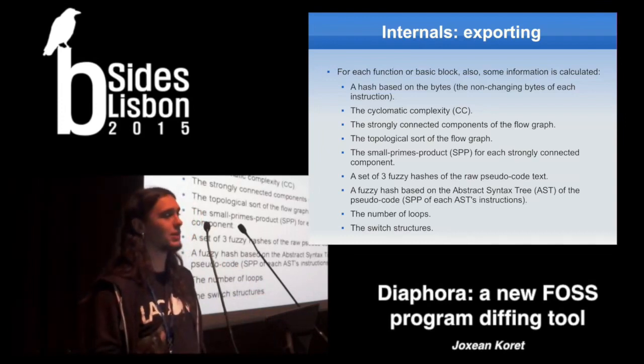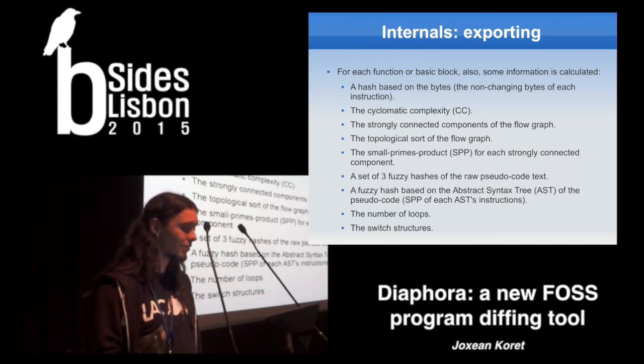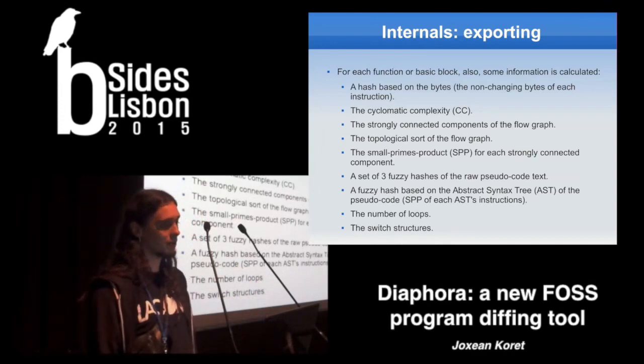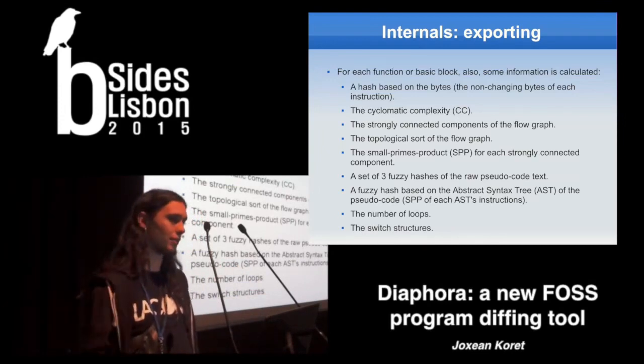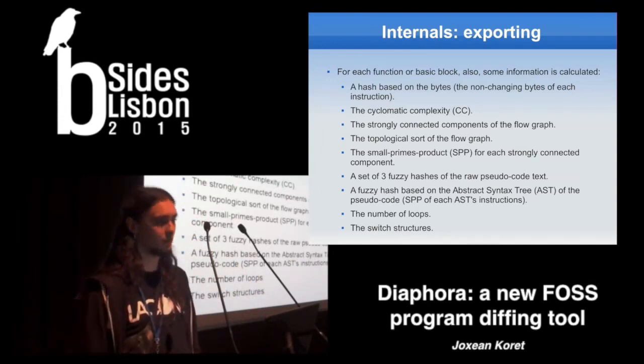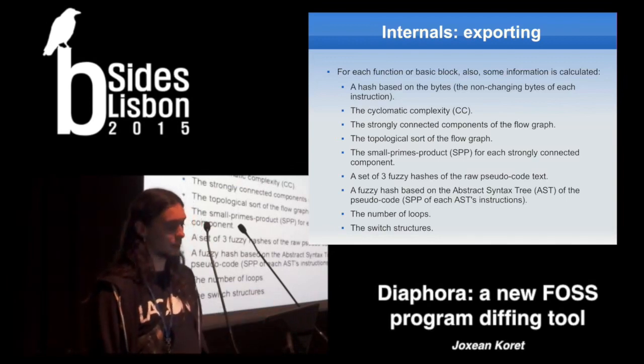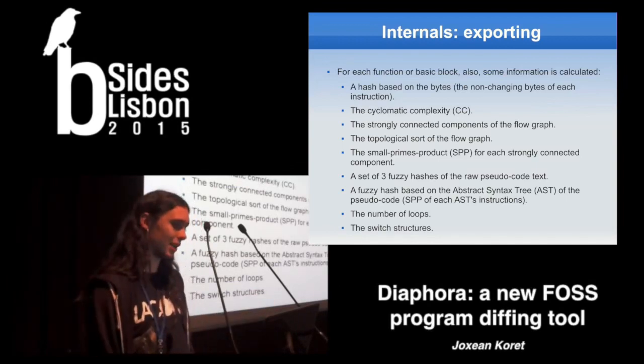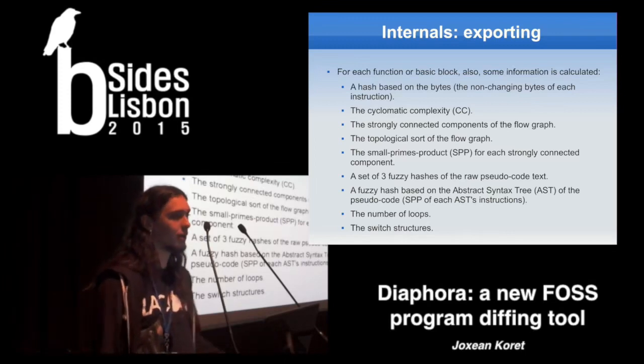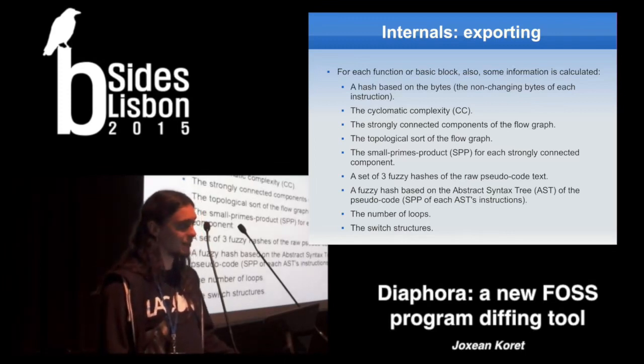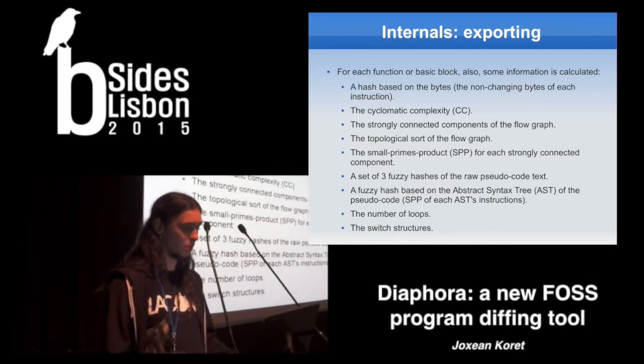I also calculate the cyclomatic complexity of each function, the strongly connected components of the flow graph of each function, the topological sort of the flow graph, the small primes product, which I will explain a bit later, for each strongly connected component, a set of 3 fuzzy hashes of the raw pseudocode text, and also a fuzzy hash based on the AST, the abstract syntax tree of the pseudocodes.